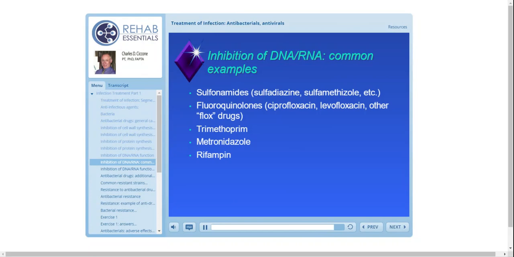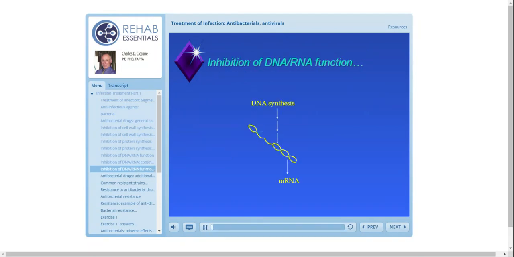So let's take again a little schematic look at how these drugs are affecting bacterial cells. Here's a diagram of the DNA molecule, and starting at the top, cells have to synthesize their DNA. And there are many steps involved in this, and then the DNA molecule is transcribed into messenger RNA. Some drugs, like the sulfonamides or trimethoprim, affect this process fairly early and inhibit the synthesis pathways.